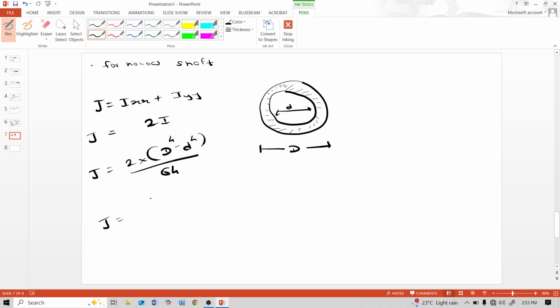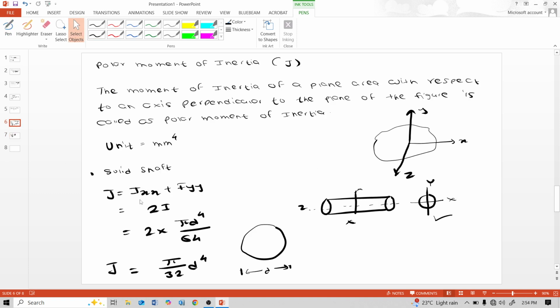So polar moment of inertia is pi times D raised to 4 minus small d raised to 4 upon 32. Capital J is equal to pi multiplied by bracket D raised to 4 minus small d raised to 4 bracket complete upon 32 for hollow shaft, and for circular shaft pi d raised to 4 upon 32.